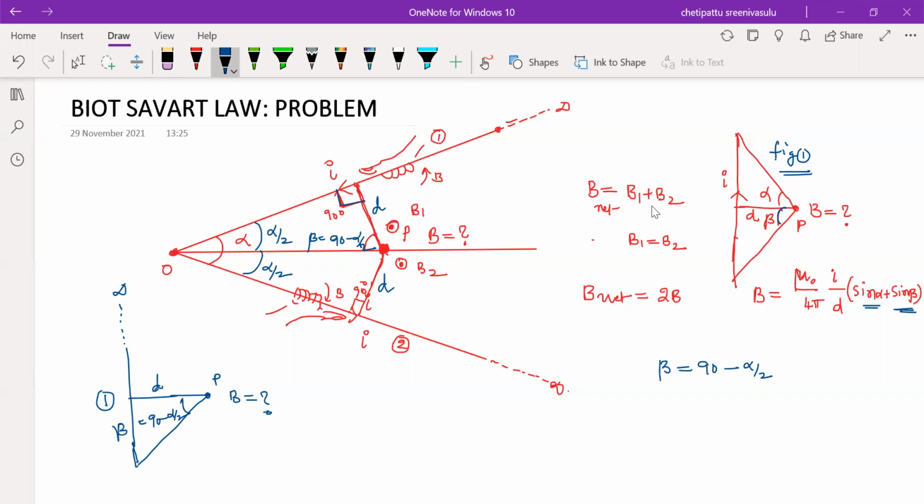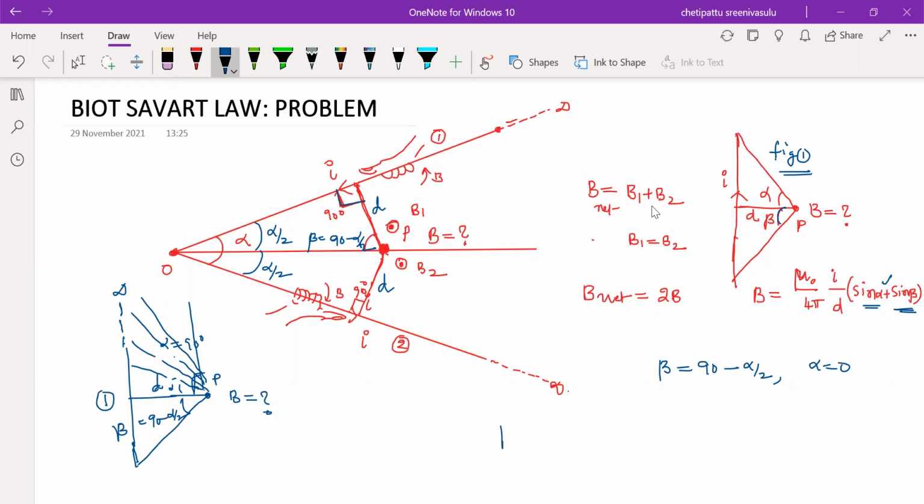For this formula, alpha value here will be 90 degrees. If we increase like this, the alpha value will come to 90 degrees. So for this, alpha is 90 here. For this formula, don't confuse.